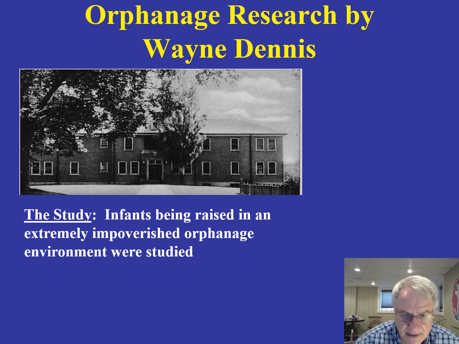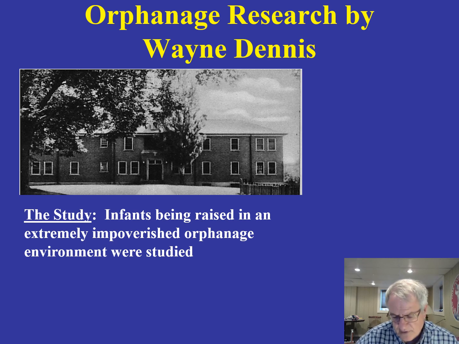Take a look at this very interesting study. We will talk about it later on when we get to the whole area really of development. But this was a study that was done by a psychologist in the 1950s out in the Midwest by the name of Wayne Dennis. And what he did was to study infants that were being raised in a very impoverished orphanage.